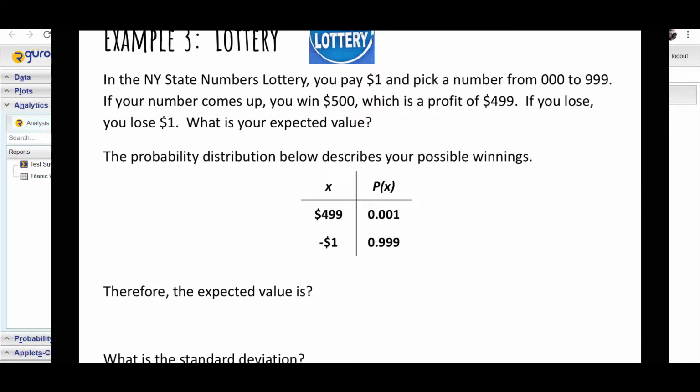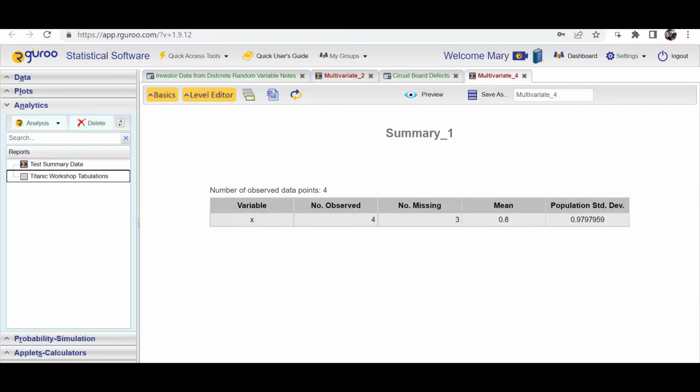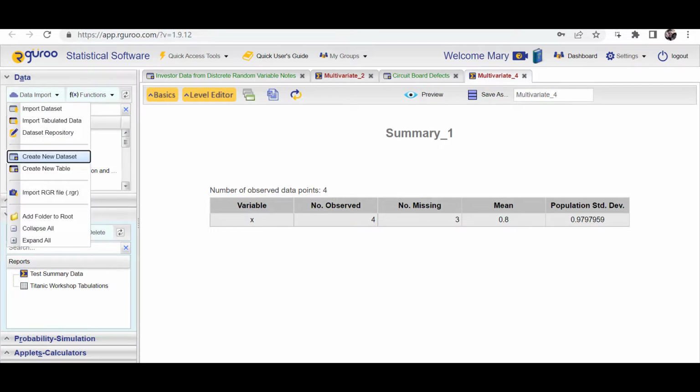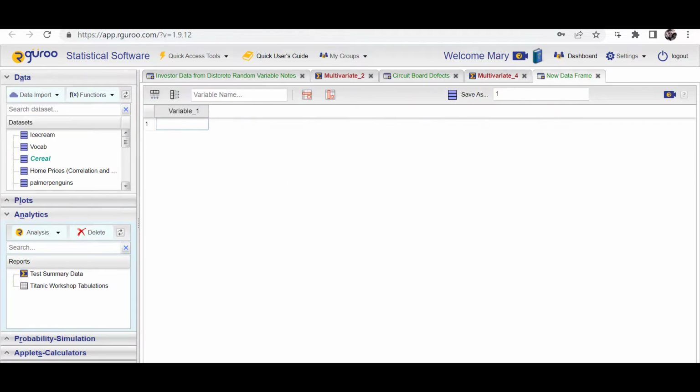You could decide whether you wanted to use the formula here, which would actually probably be fairly quick, just because there's only 2 rows, 2 columns. Or you could use technology. So we're going to use technology real quick. I'm going to go back to data and choose create new data set, and then X here, P of X there.